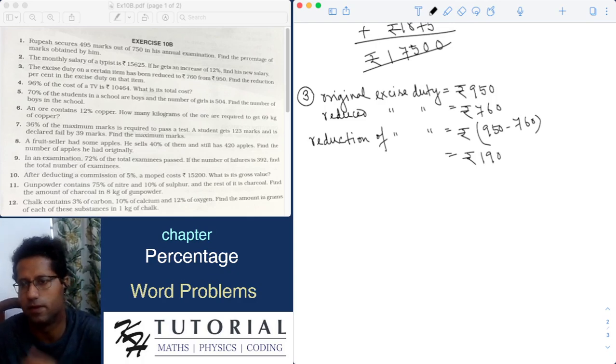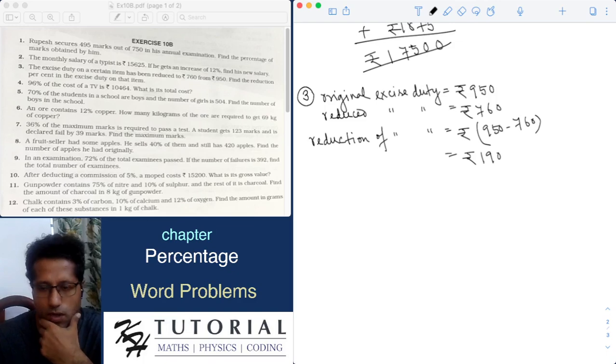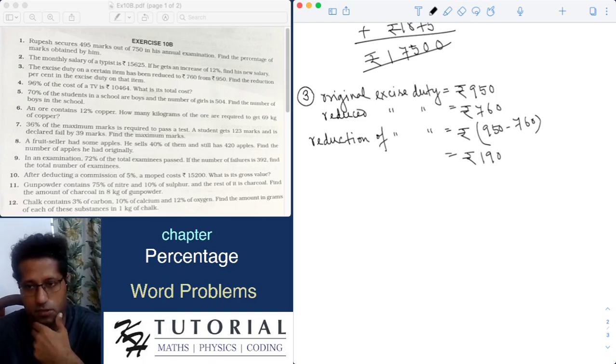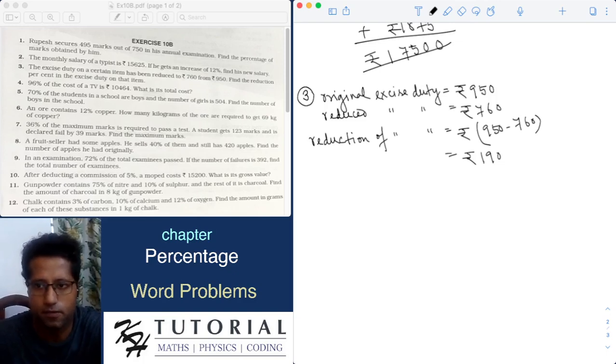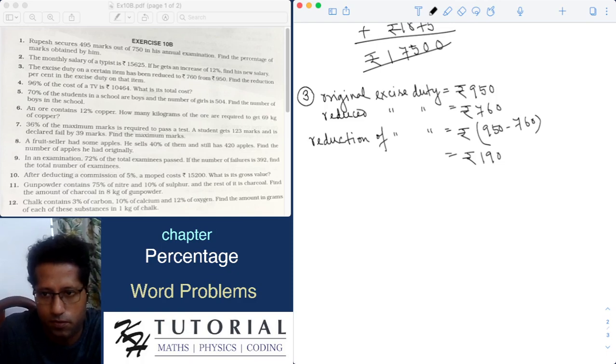Now we have to find what percentage rupees 190 is of the original excise duty, that is rupees 950. The question asks us to find the reduction percent.